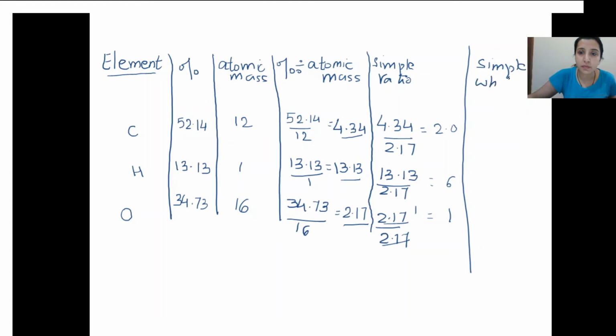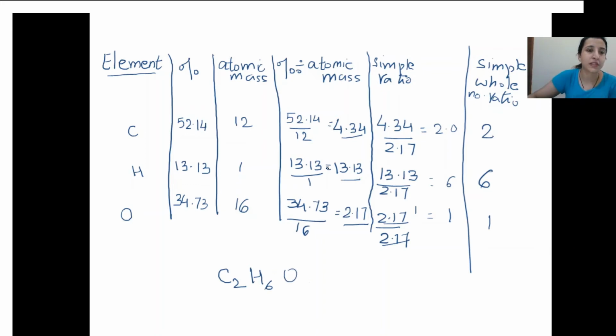It comes out to be 2, 6 and 1. So what is the empirical formula of this compound? C2H6O. So it's really very simple.